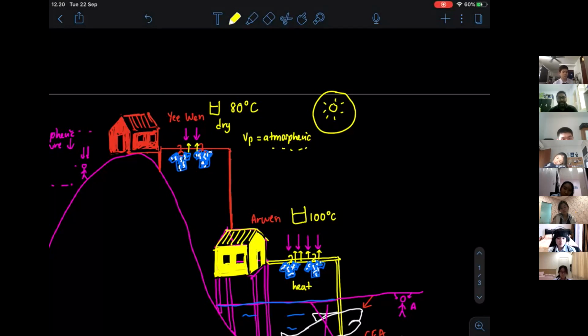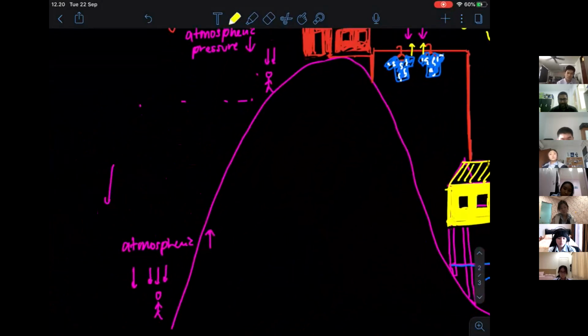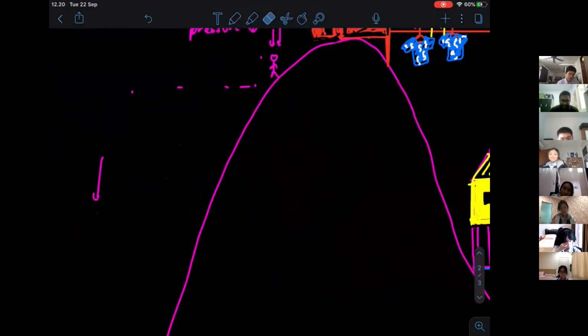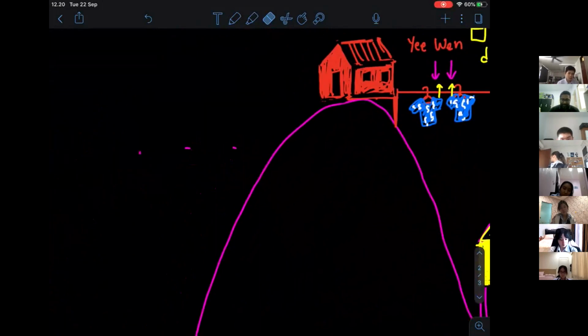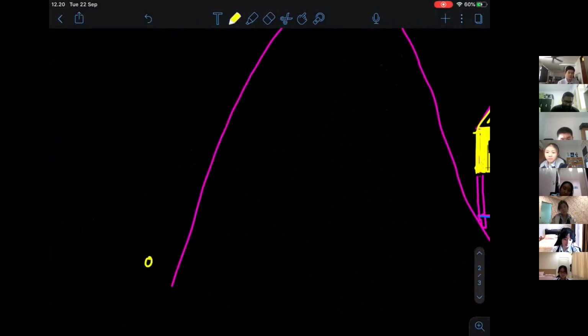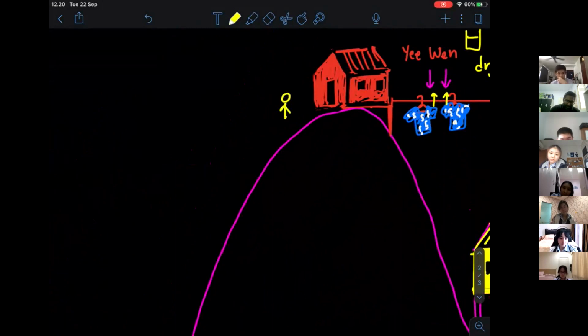So if we try to apply this concept in biology, how do we apply it? Same concept. I will just discuss it because we already explained this. If you are staying here, R1 is staying here, and Even is staying here, who will be having difficulties in breathing, Even or R1?